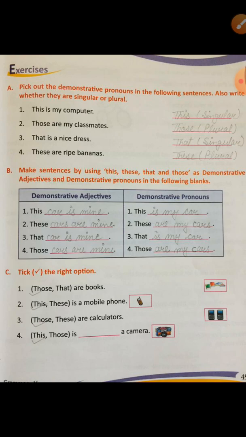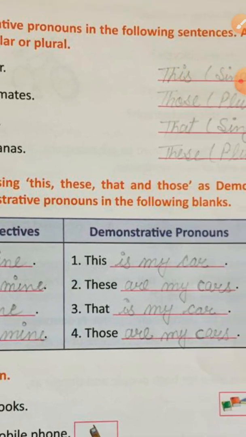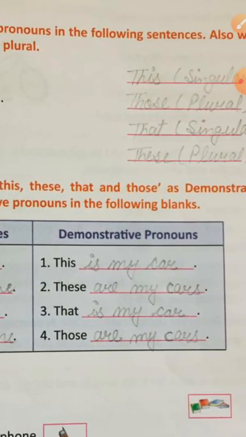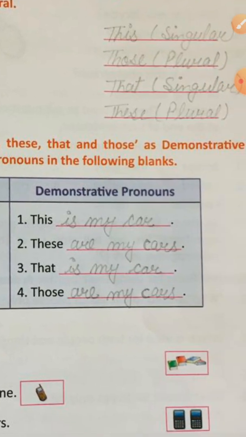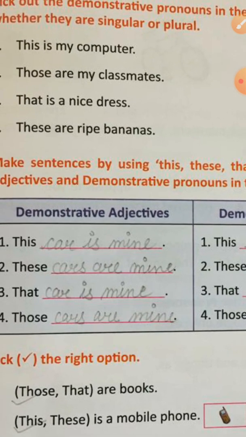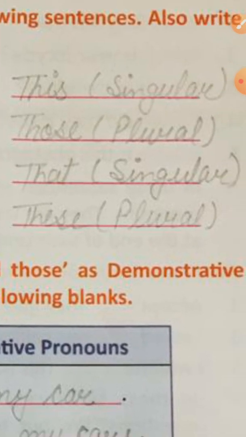So here you can see, this is my computer. Computer is singular, so this is singular. Next one is, those are my classmates, those is plural. Next one is, that is a nice dress, that is singular. Then these are ripe bananas, these is plural.